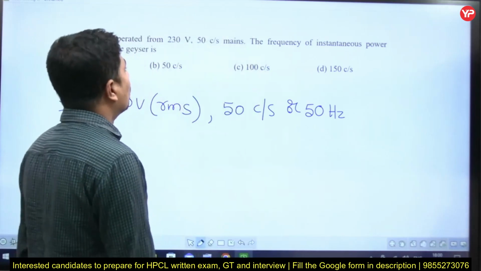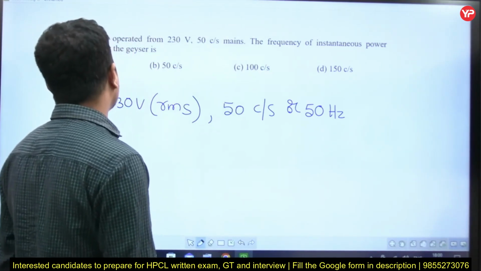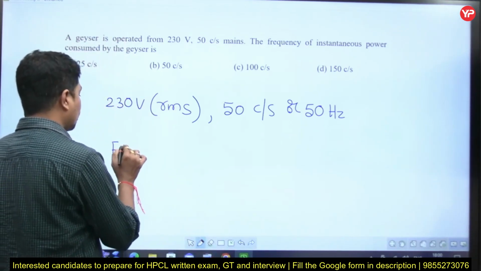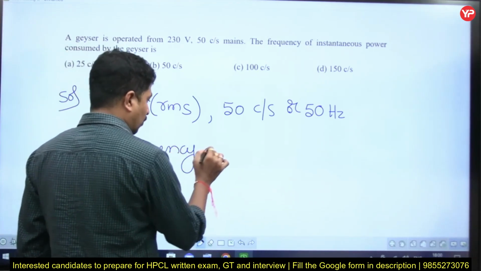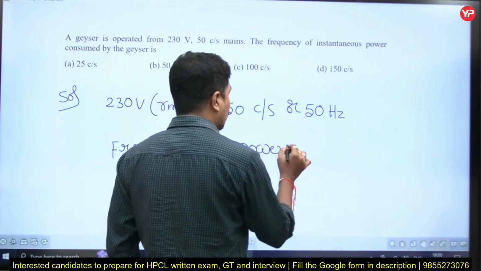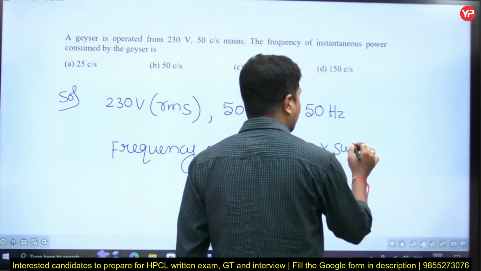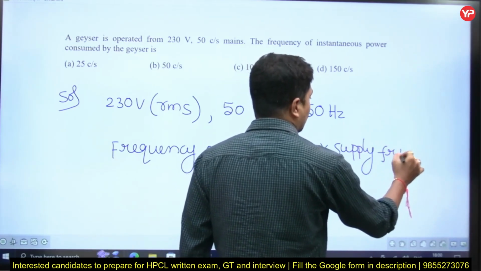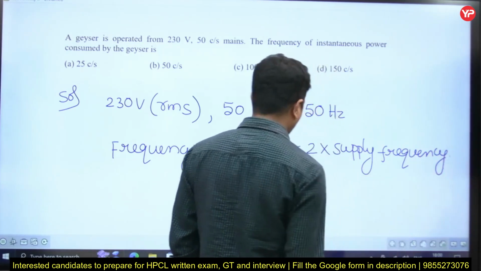The frequency of instantaneous power consumed by the geyser is equal to 2 times the supply frequency. This is very easy to prove, but proof is not required for us.